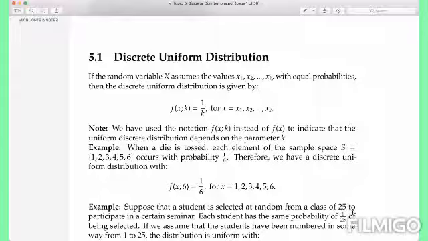Then I know that my team can win with probability a third, draw with probability a third, as well as lose with probability a third. So each of the possible outcomes occurs with probability a third.